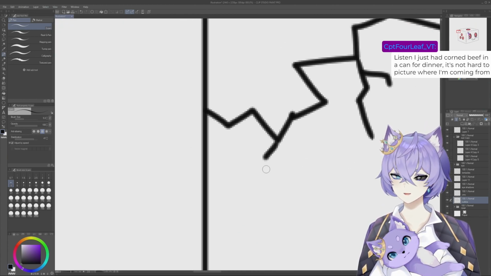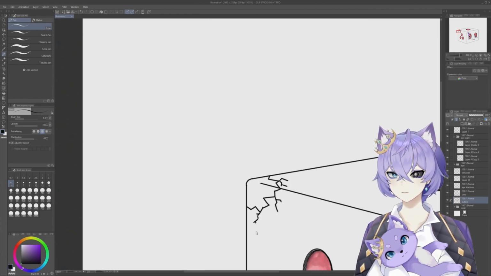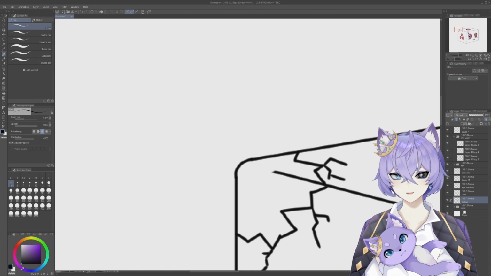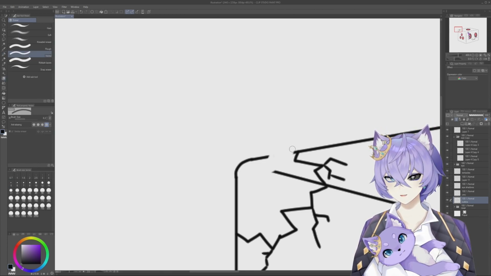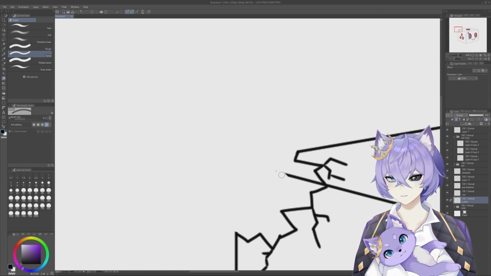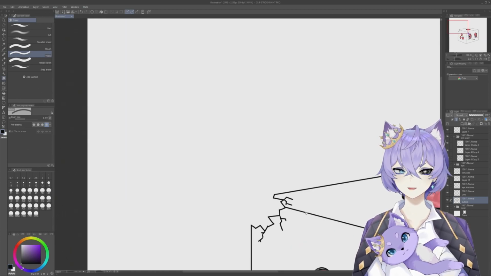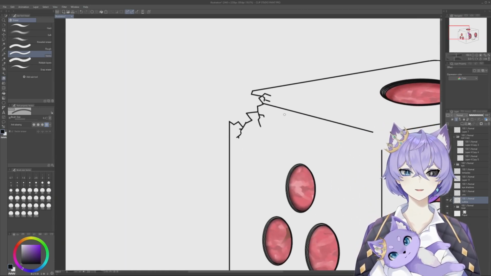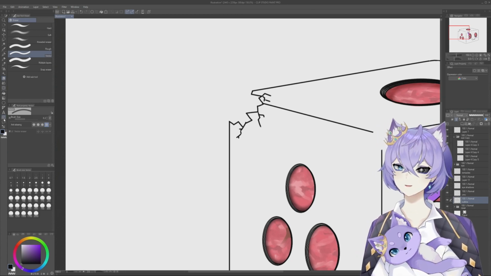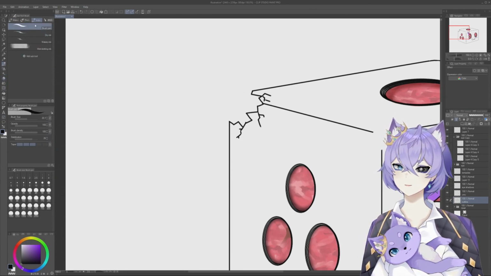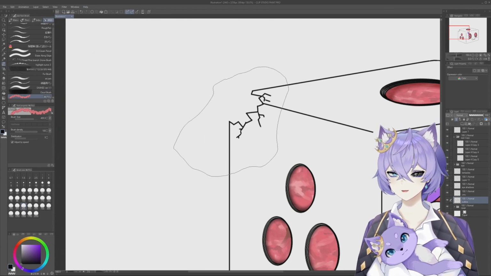A little more here. And then we just erase the outline here. And of course, there's just more meat cube underneath. Let's see. Take our brush, get us some more meat.